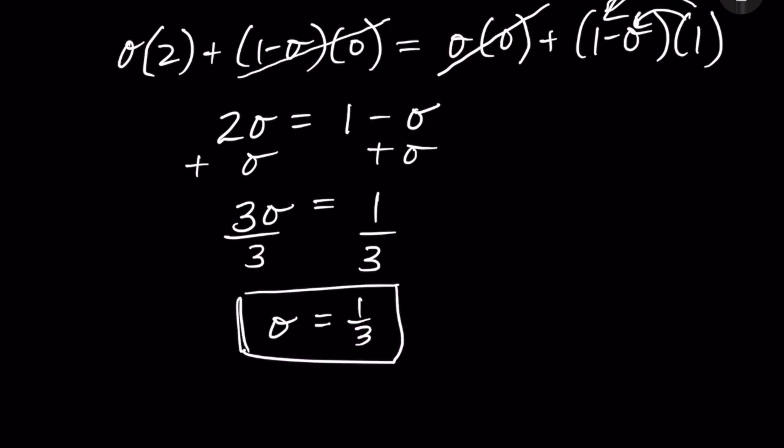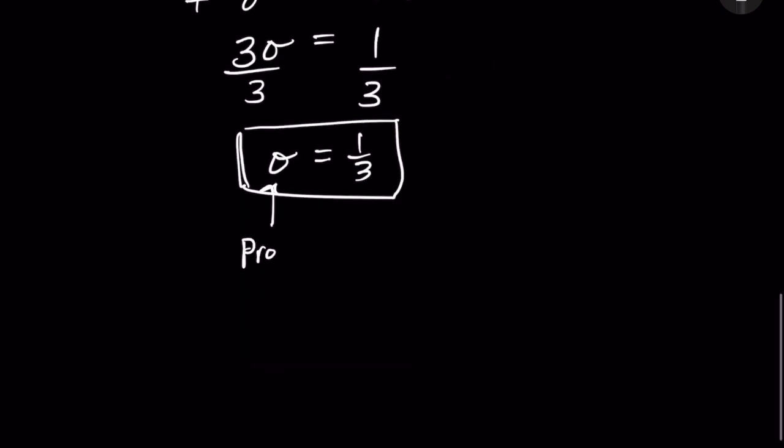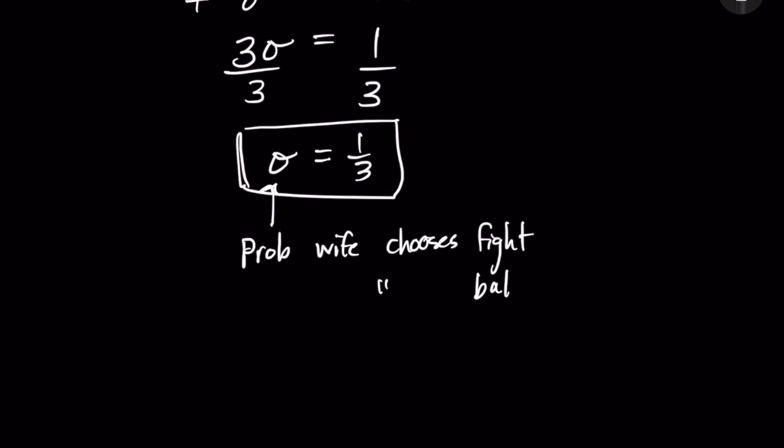So this tells us that sigma is the probability that the wife chooses fight. So if the probability that the wife chooses fight is 1/3, which means that the probability that she chooses ballet would be 2/3, right? 1 minus sigma.